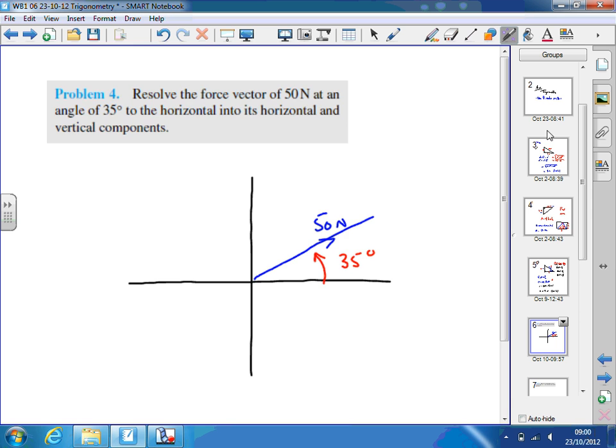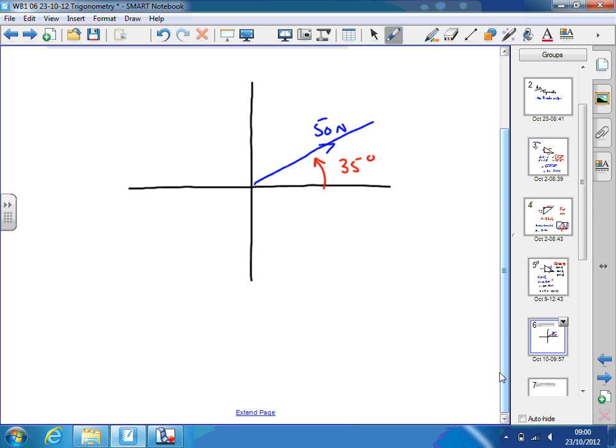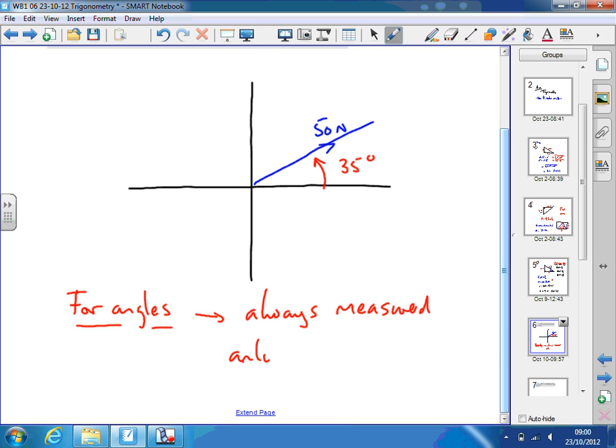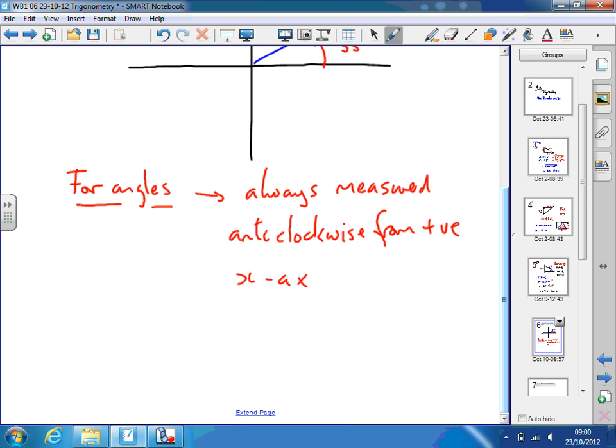The convention for angles is always measured anti-clockwise from the positive x-axis. Are you used to that convention in drawing these things out?